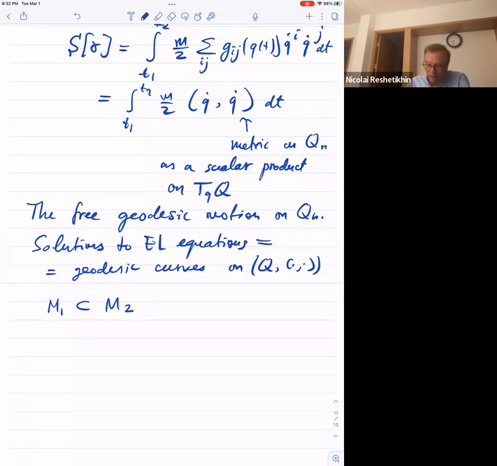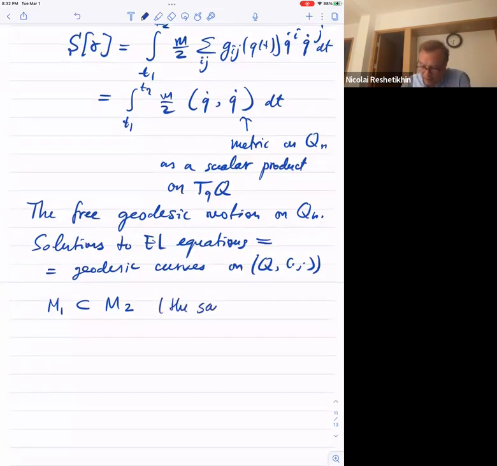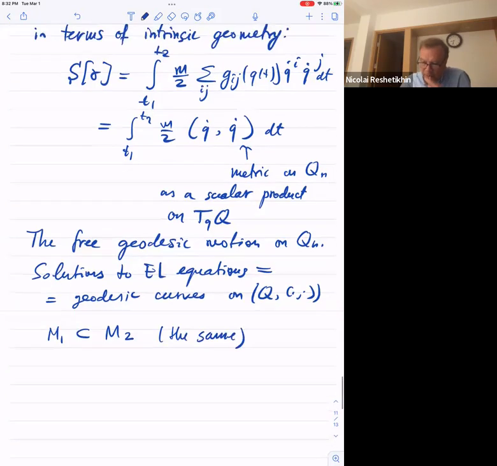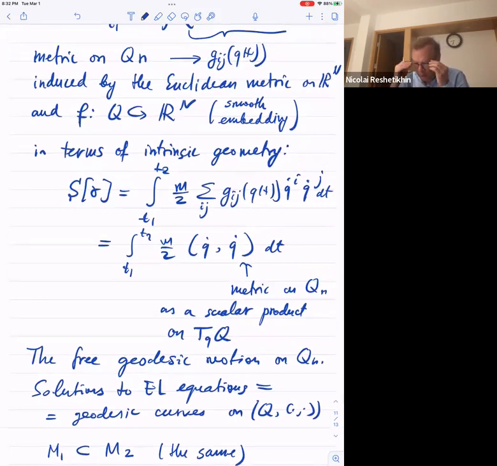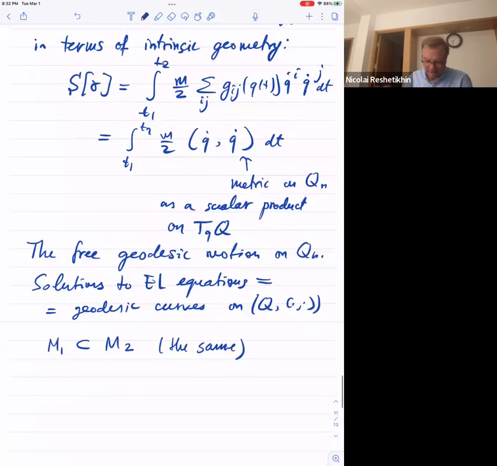So it's the same as before. If you have an embedded Riemannian manifold and you want to find the geodesics, all you have to do is look at straight lines in the ambient Euclidean space. No, sorry. I was thinking about projections, and they do exist in integrable systems, but not here.